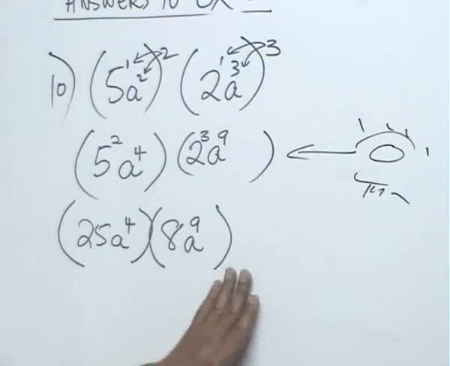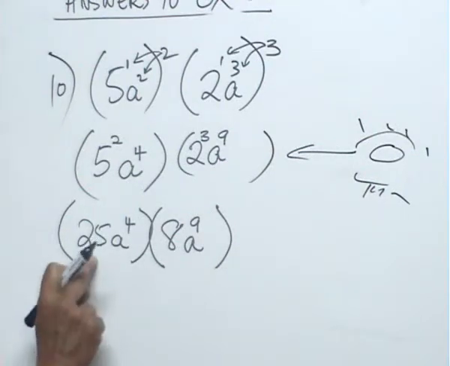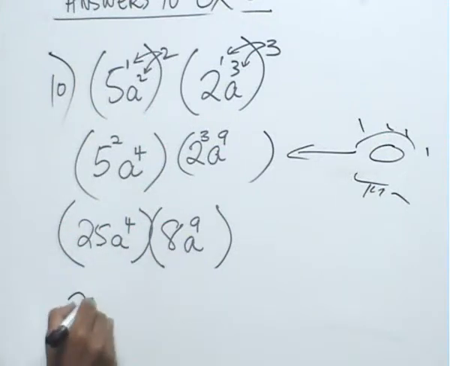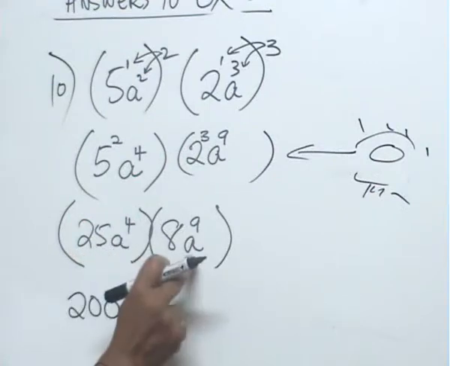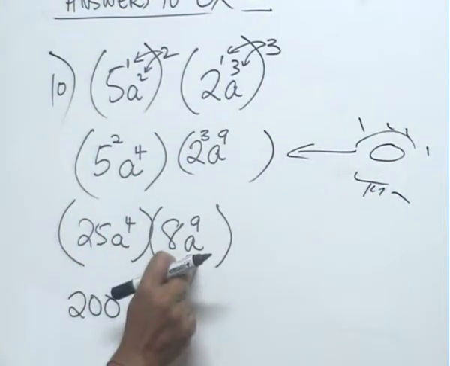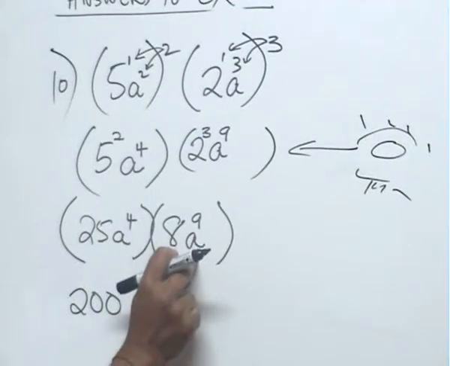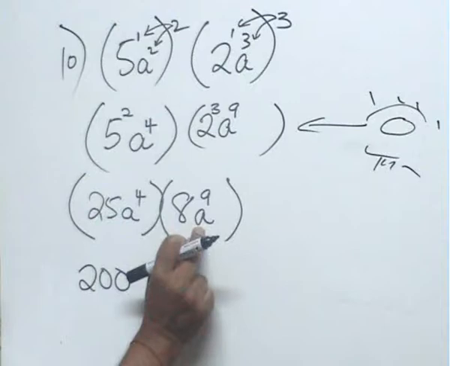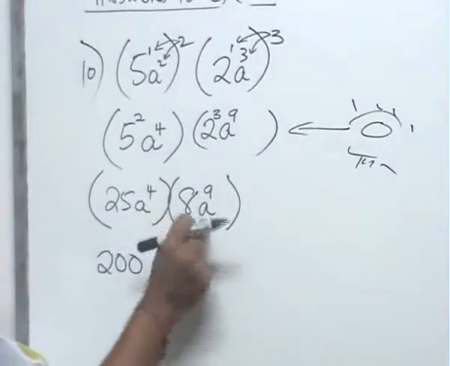Now, when you look here, you've got a number times a number. Now 25 times 8 gives you 200. And when you look at A to the 4 and A to the 9, these are 2 powers. The bases are the same. They are being multiplied. Therefore now you're going to use the multiplication law here.